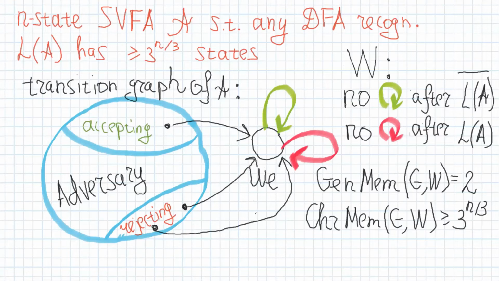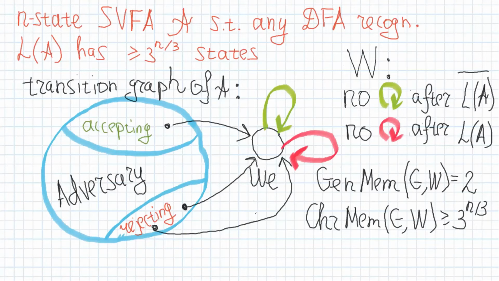So let's see what will happen in this situation. We will have some word of input letters of A, then a black edge, and then we will have to use one of the two loops. One is green and the other is red. The winning condition is as follows. If before the black edge we have a word which belongs to the language recognized by A, then there must be a green edge.